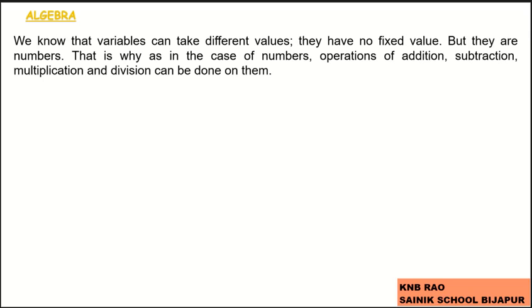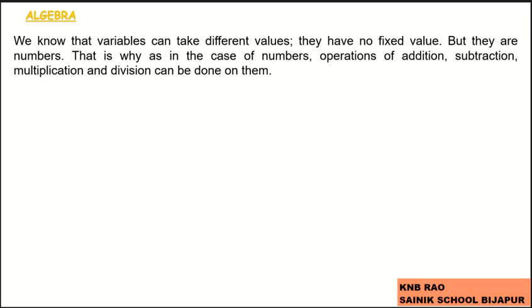But what is the difference between a pure arithmetical expression and an arithmetical expression along with which some variables are there, called an algebraic expression? What is the difference between arithmetical expression and algebraic expression?